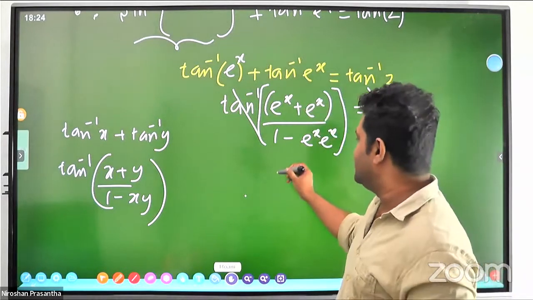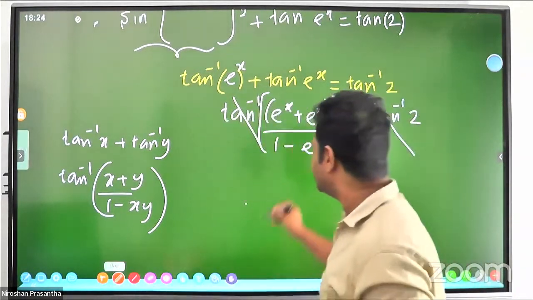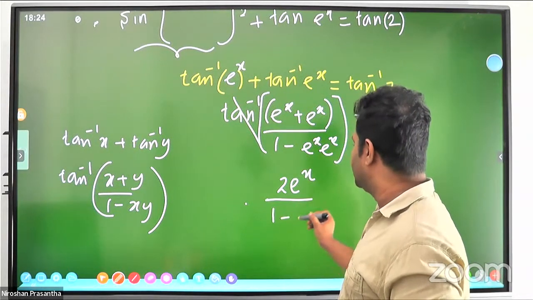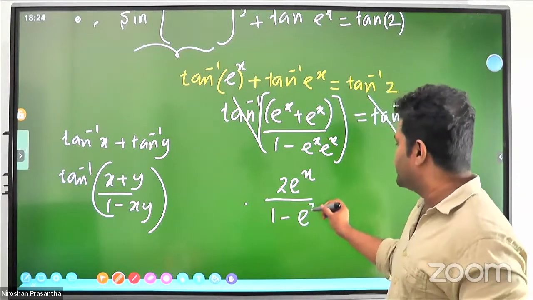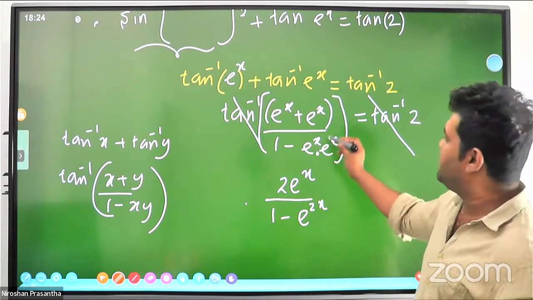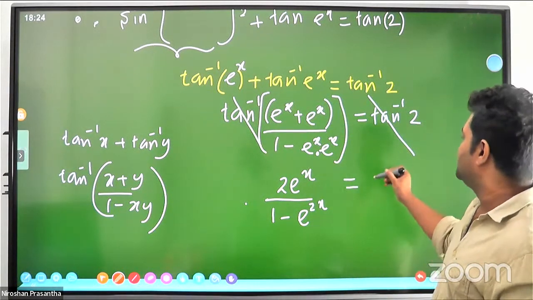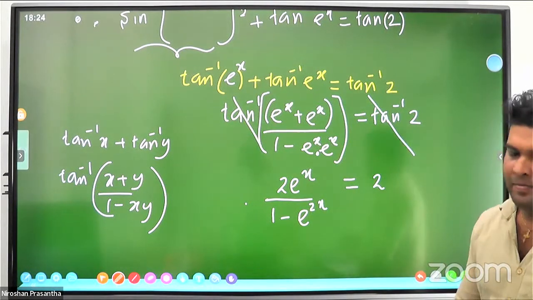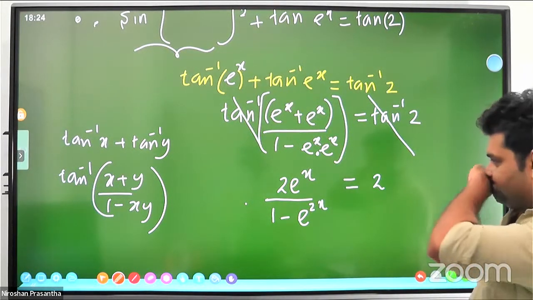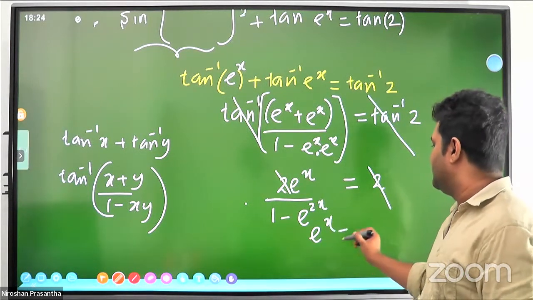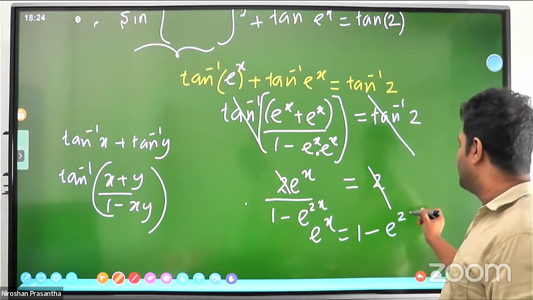e^x plus e^x is 2e^x, over 1 minus e to the power 2x, because if the bases are the same, x and x get added, 2x, equal to 2. Both sides, 2 and 2 get cancelled: e^x equals 1 minus e to the power 2x.